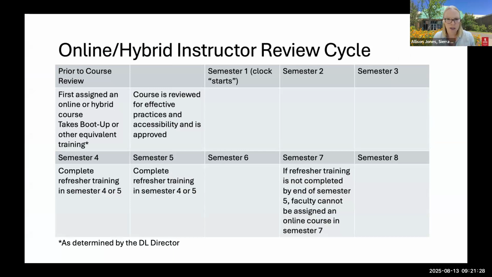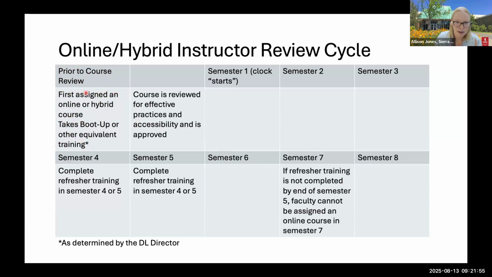Okay, so I've outlined here a sample instructor review cycle, if you will. And some of this I'm going to restate from the previous slide. So prior to your course review, an instructor is assigned their first online or hybrid course. During that semester, they can take boot up, or they could have taken it previously, or maybe they've taken an equivalent training. All of that has to be determined by our director.